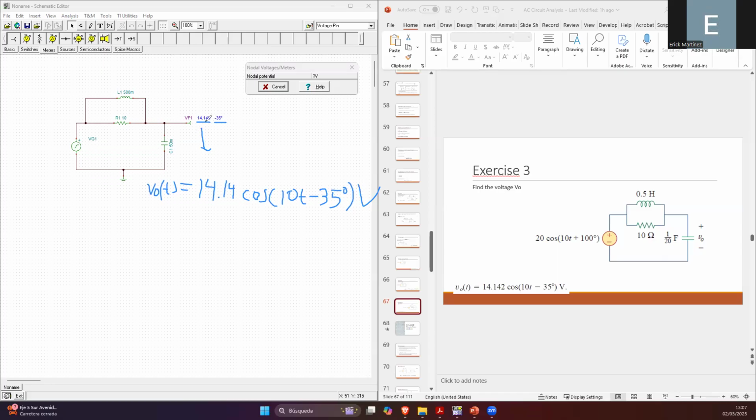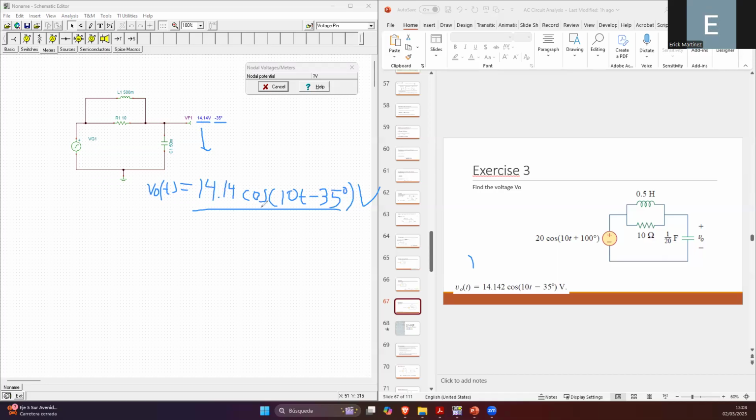The simulator calculates the voltage in the frequency domain, but the problem is asking us for the voltage in the time domain. That's why I'm expressing this phasor in the time domain using this expression. Remember that to convert the phasor into the time domain, you use the magnitude of the phasor as the amplitude of the sinusoidal.